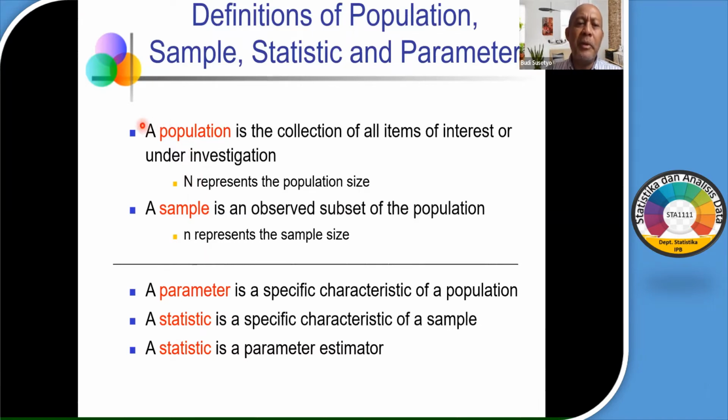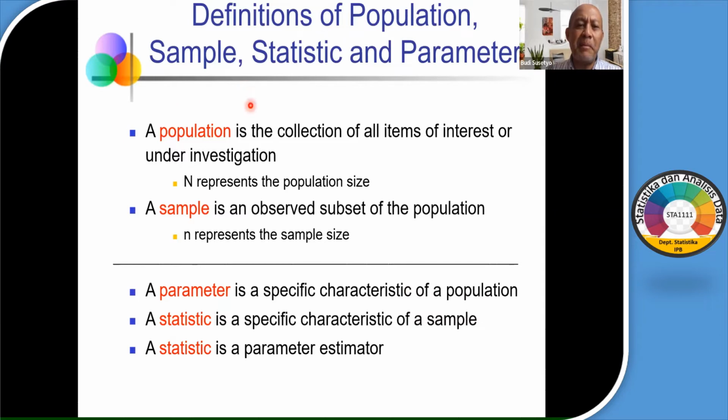So, what is the relationship between population, sample, and these words parameter and statistic? The definition of parameter is a specific characteristic of the population.